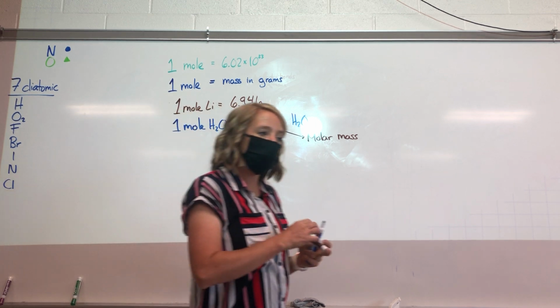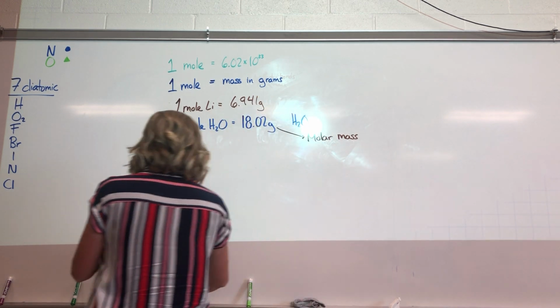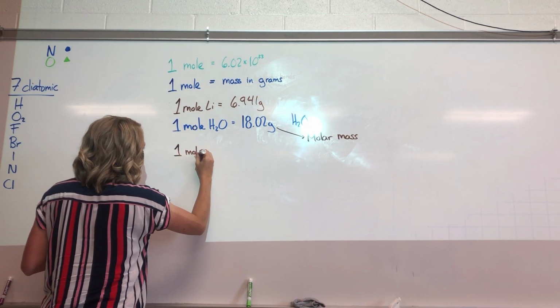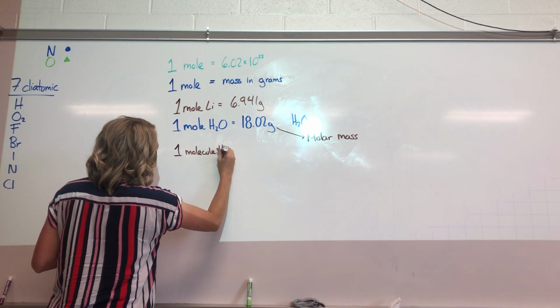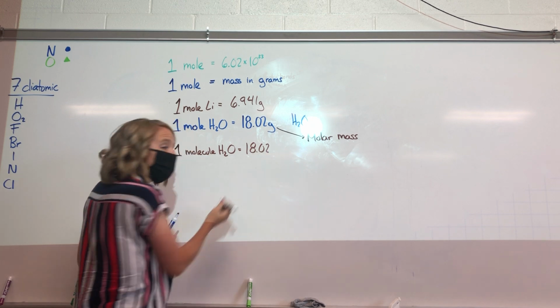Now, what's cool is the molar mass is proportionate to a single molecule's mass in a different unit. So a single molecule of water has a mass of 18.02 as well.